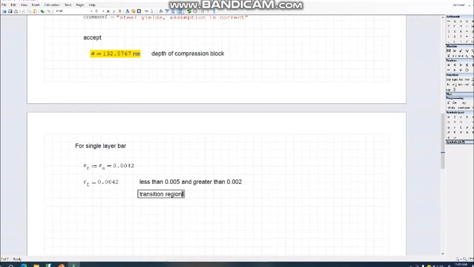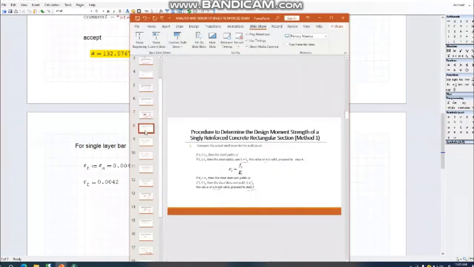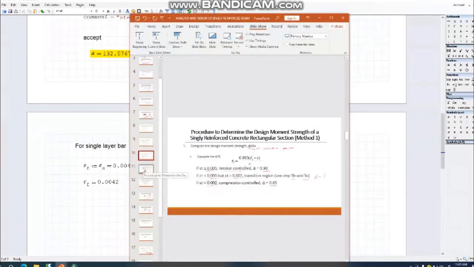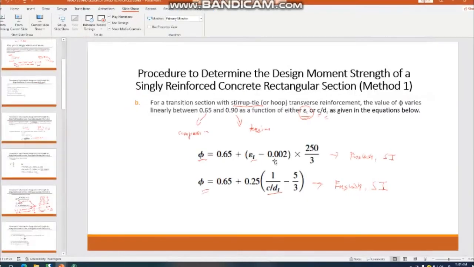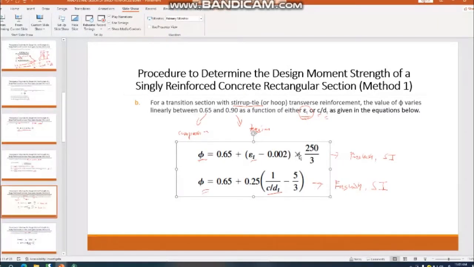Therefore, for the transition region, this is our formula. I'll explain that later.